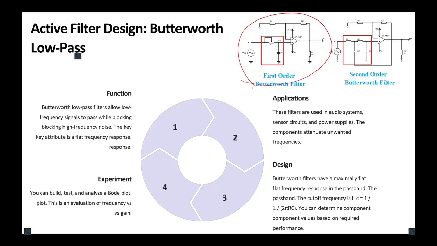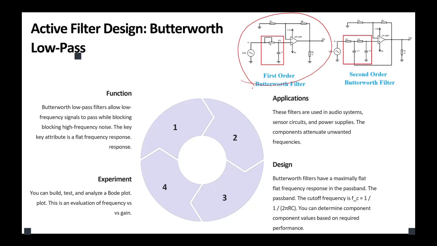This active filter is a more practical version of the low pass filter, especially when we want to control the gain. And as we know, it uses an op amp. Here is what the active first order Butterworth low pass filter looks like, as you can see in the picture. We have a resistor and capacitor connected in a way that sets the cutoff point.